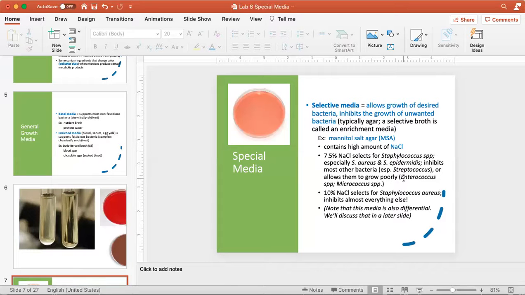These 2 organisms can survive in 7.5% sodium chloride, but they don't survive well. So if I were to put Enterococcus onto an MSA plate, and I came back 24 hours later, I might see growth, I might not. It depends on the particular strain that I'm growing.